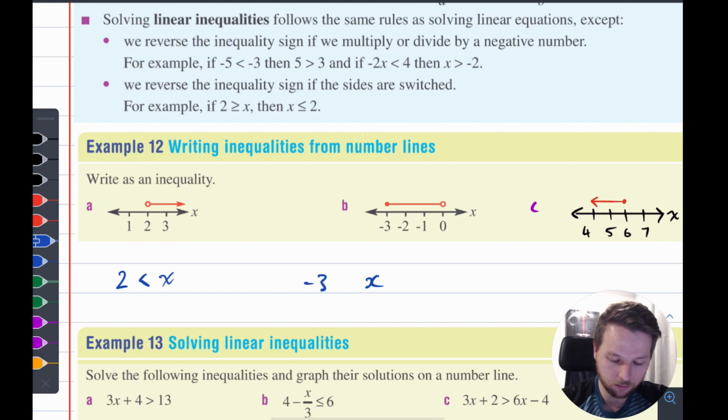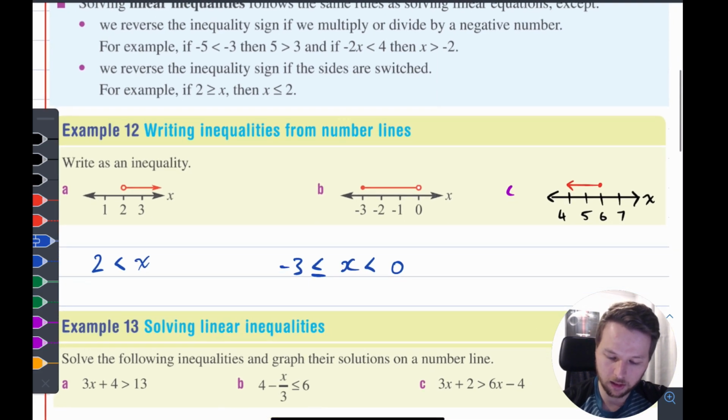So we've got -3 and we've got 0, and then x is greater than or equal to -3 because we've got a closed dot, and then it's less than 0, it never actually reaches 0, it's not equal to 0. And then lastly, we've got x is less than or equal to 6. And we'll just go off. It can be any number that's less than or equal to 6.